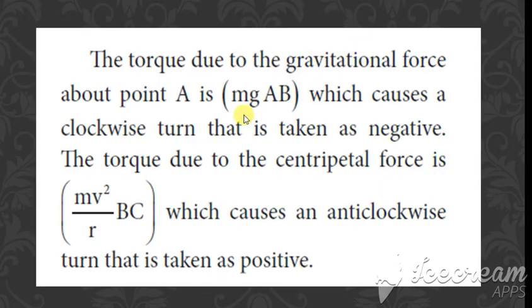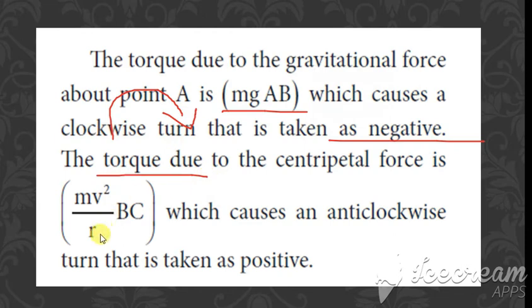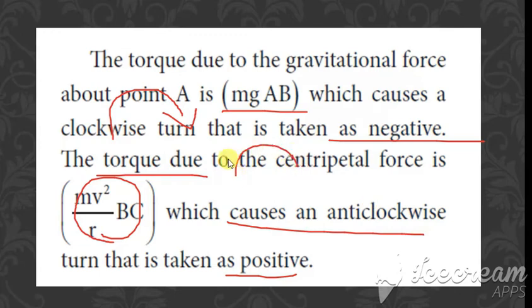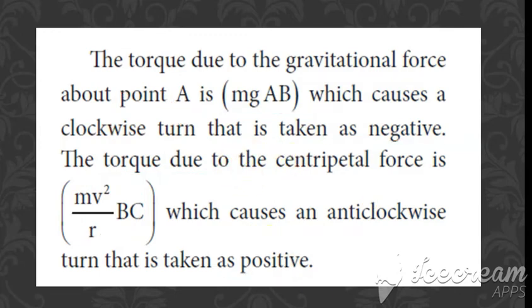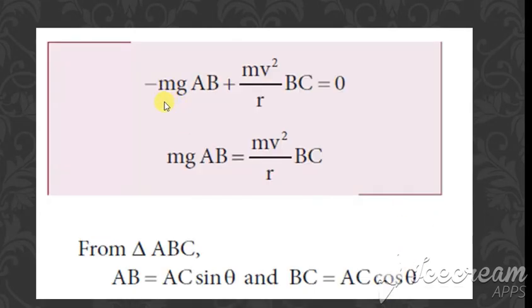Taking mg into AB, as I told you, that is negative and acts in the clockwise direction. The mv square by r into BC is positive and acts in the anti-clockwise direction. So the equation is minus mg AB plus mv square by r into BC equals 0.